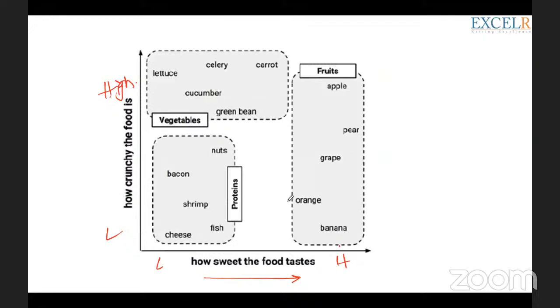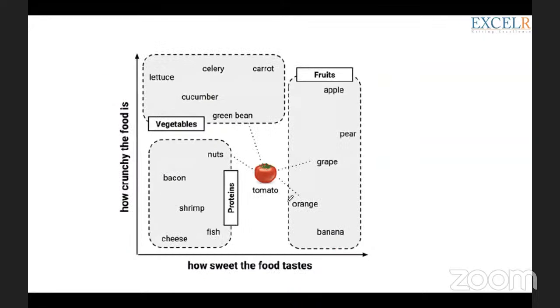And we have a problem. There is a new data point, that is tomato, and now we have to classify this tomato into one of these classes. How do we classify this? We can classify this tomato if it is very near to any of these data points. For example, we will find the distance from here to here for all the data points.